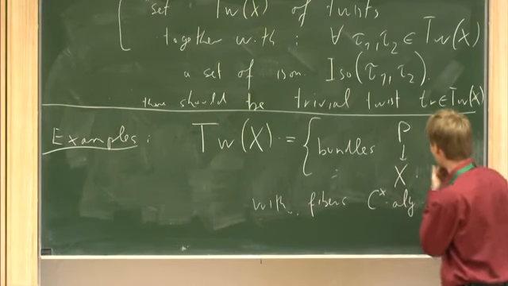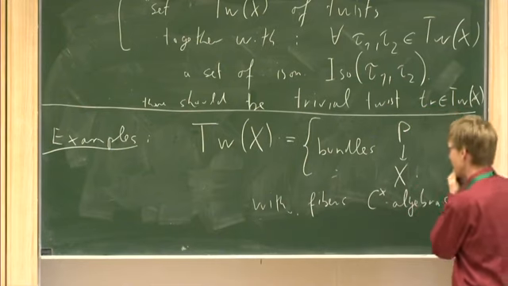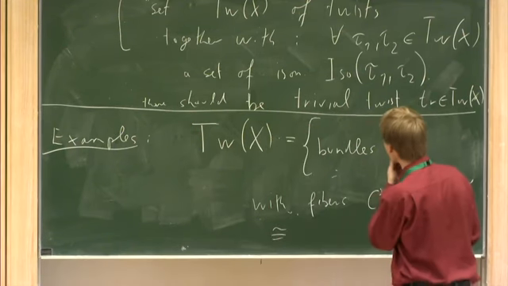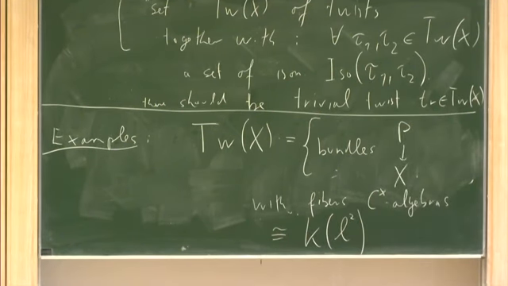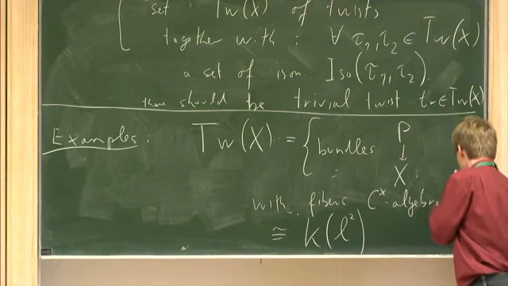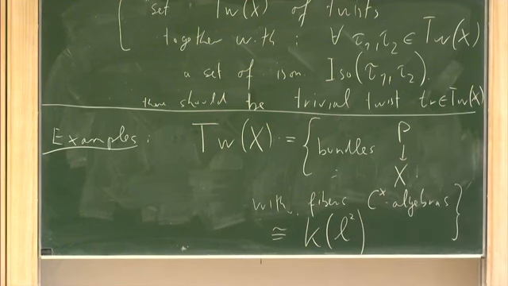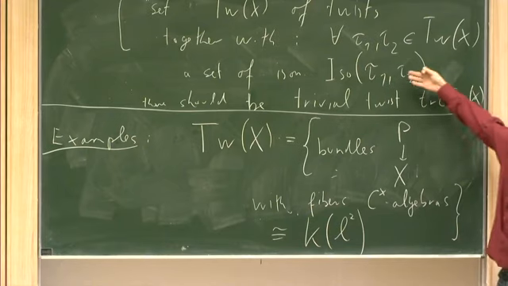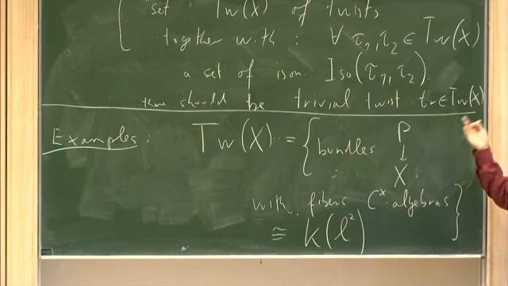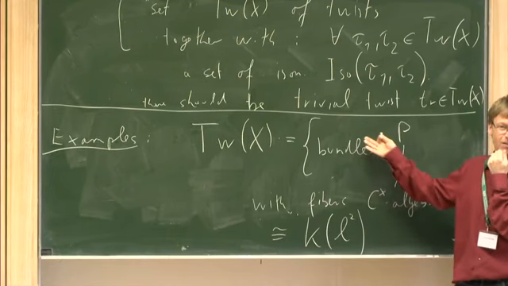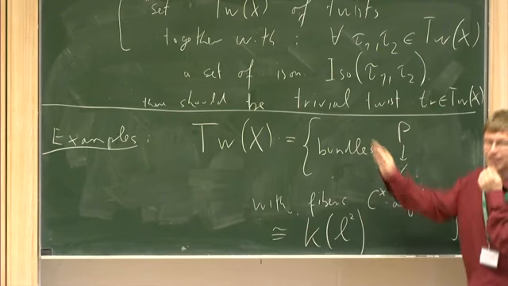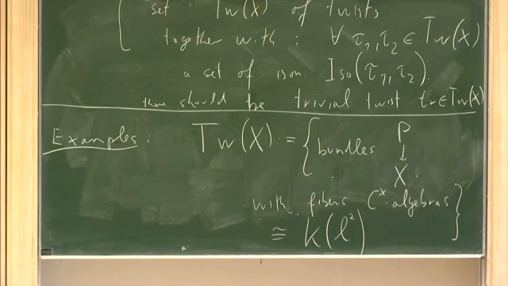So it's a bundle of algebras, C-star algebras. And all these C-star algebras should be isomorphic to compact operators on your favorite Hilbert space. So we're in the L2 setting. And the isomorphisms between those are just the bundle isomorphisms in the usual sense, so fiberwise isomorphism of C-star algebras. Why did I put down this example? You see, it's not quite a set here because it's probably objects of a category. But let's not worry about this too much.